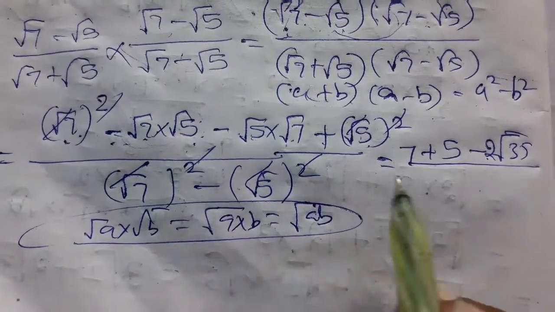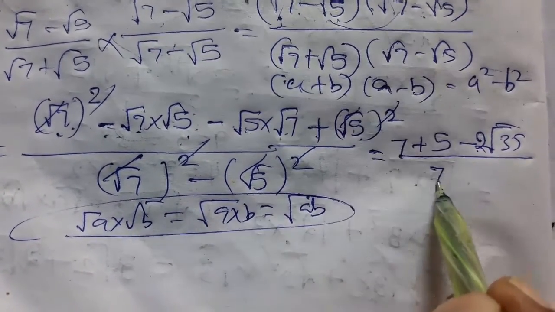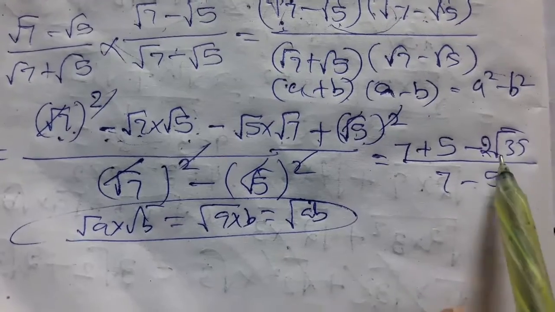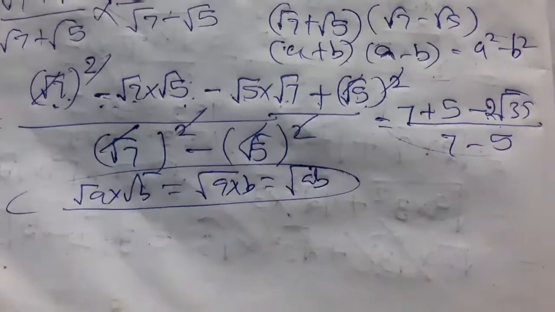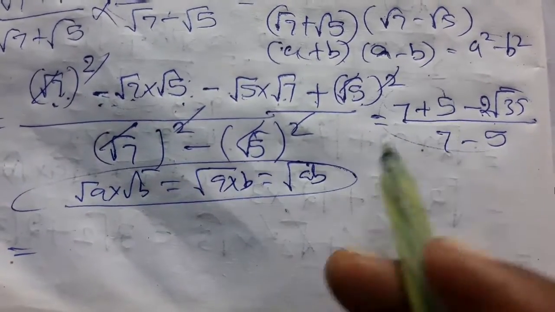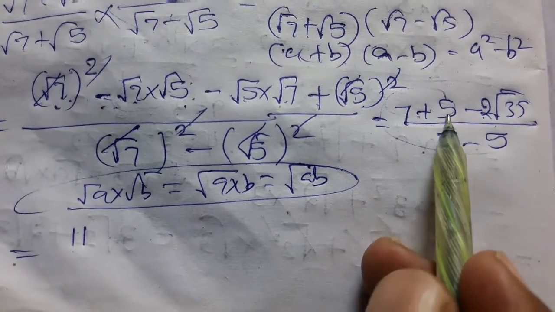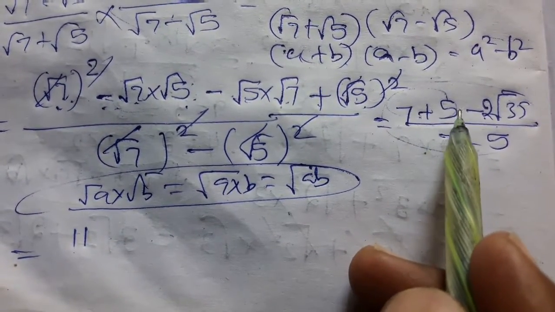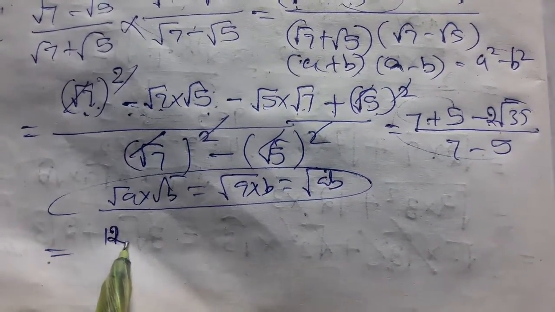Why I am taking this? Just wait. The denominator is 7 minus 5. So see here, I am repeating this step once again. 7 plus 5 means 12, sorry.